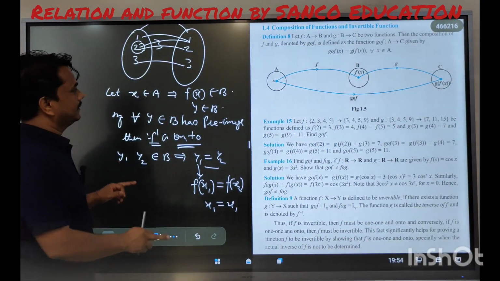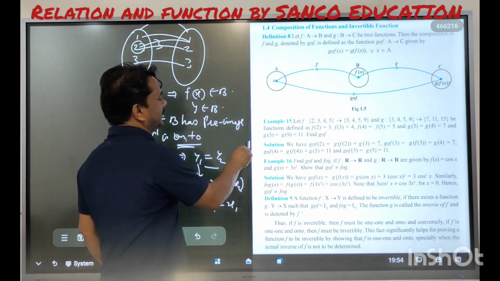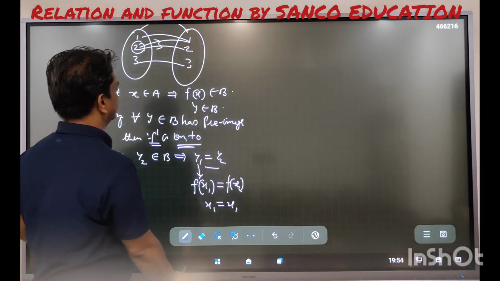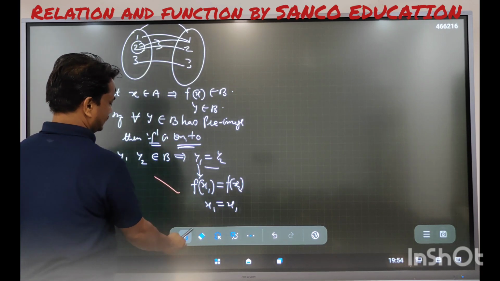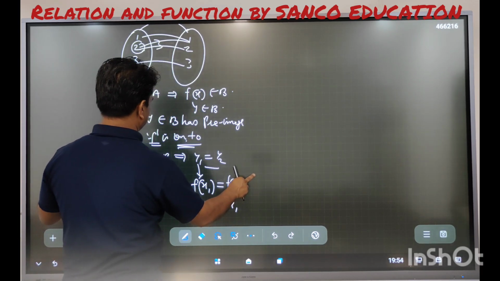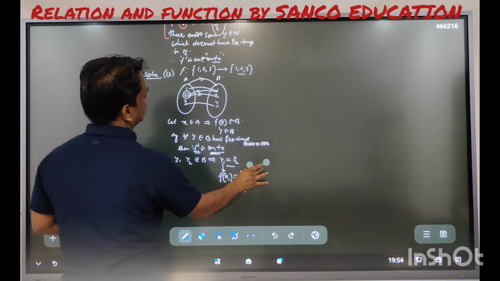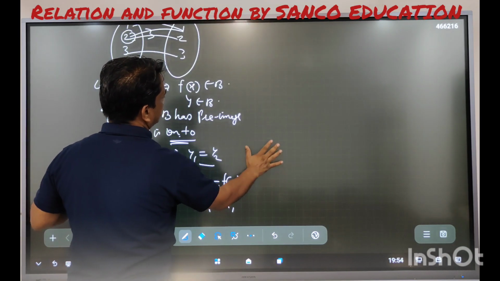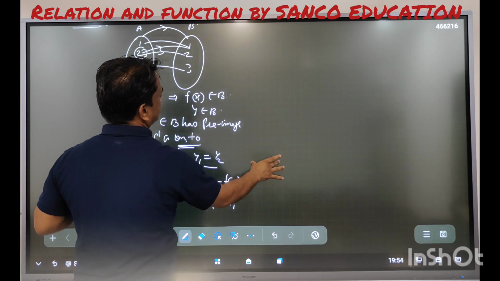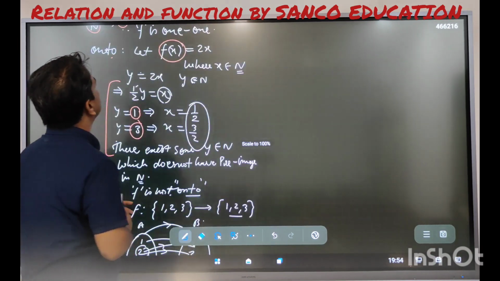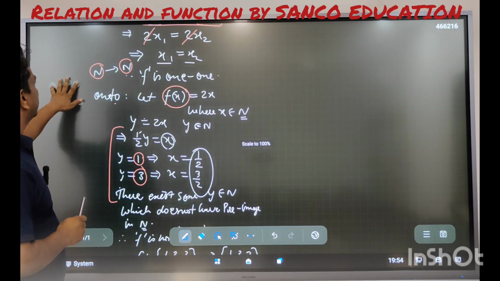What we have discussed in the types of mapping and function. First we have discussed the types of function.